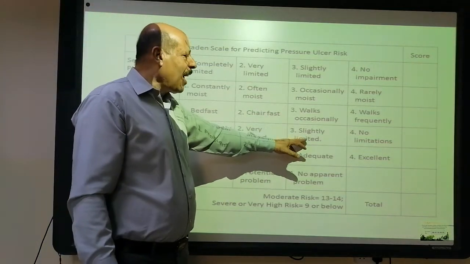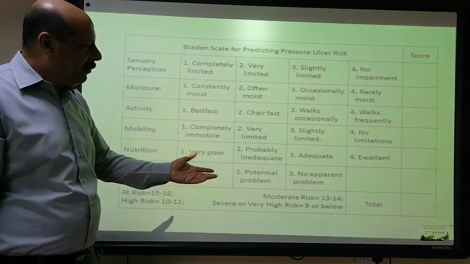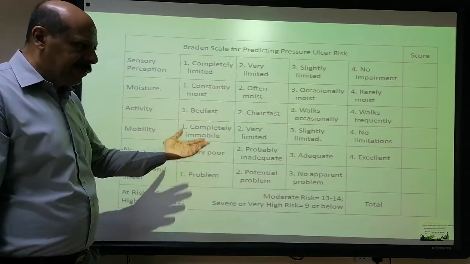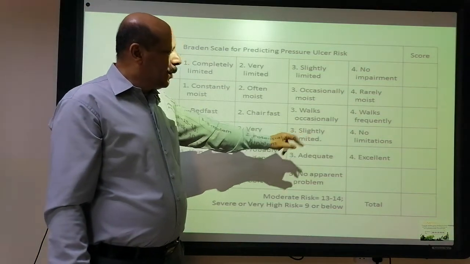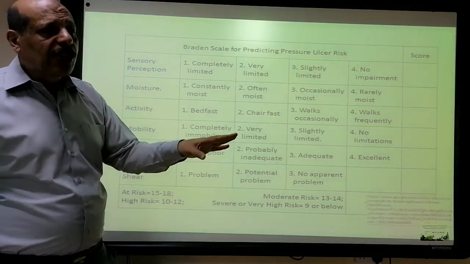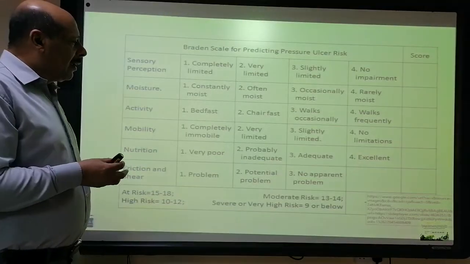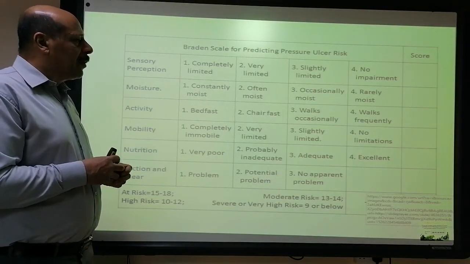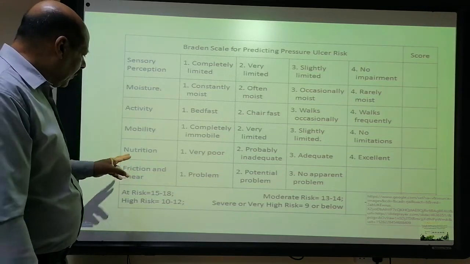If he has slight limitation of movement, like in case of joint pain, in this case he will get 3. If there is no limitation of movement, he can move all the joints freely, in this case he will get 4.